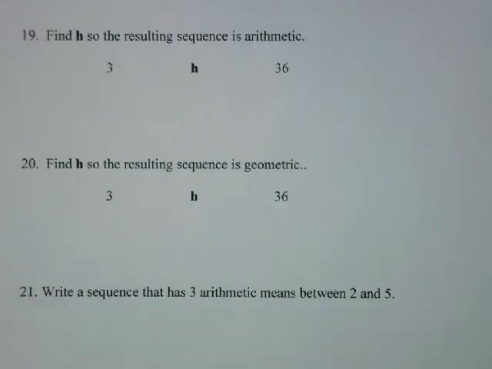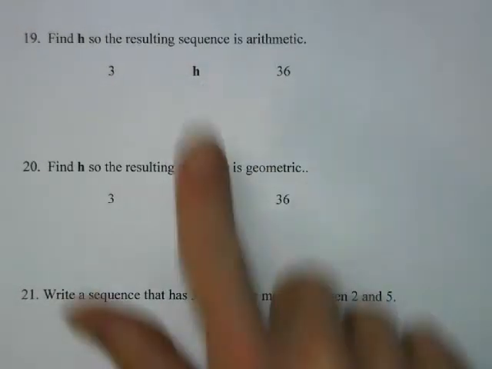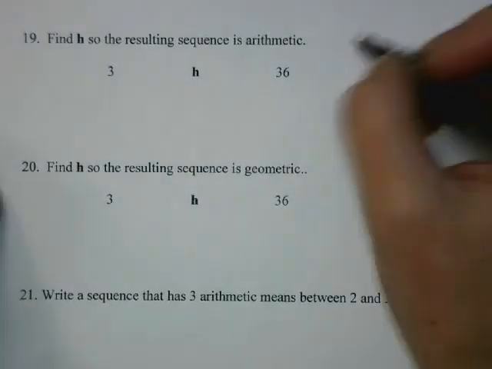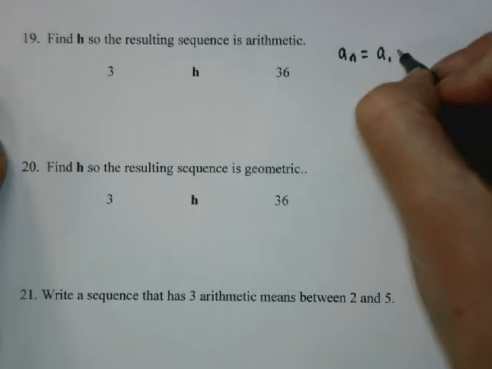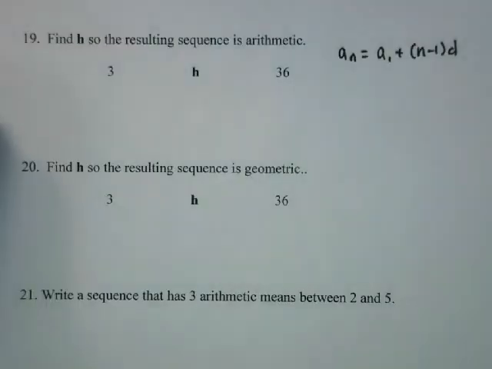So I've got two sequences here, 3, something h, 3, something h, and we're going to find an h so that it's arithmetic and a geometric. So we're going to use our nth term formulas. For arithmetic, an equals a1 plus n minus 1 times d. And then plug in this information to find the common difference.